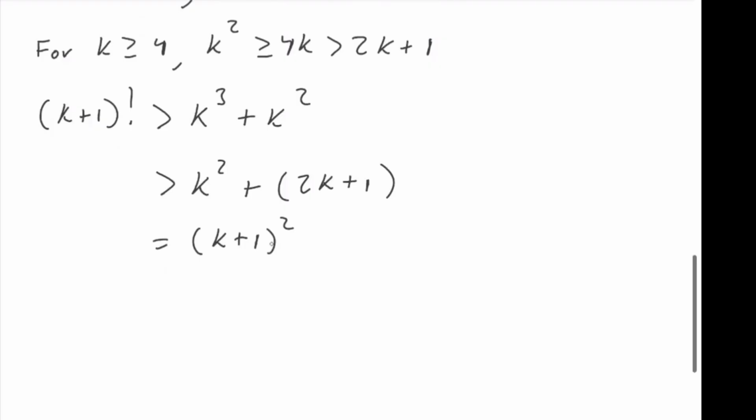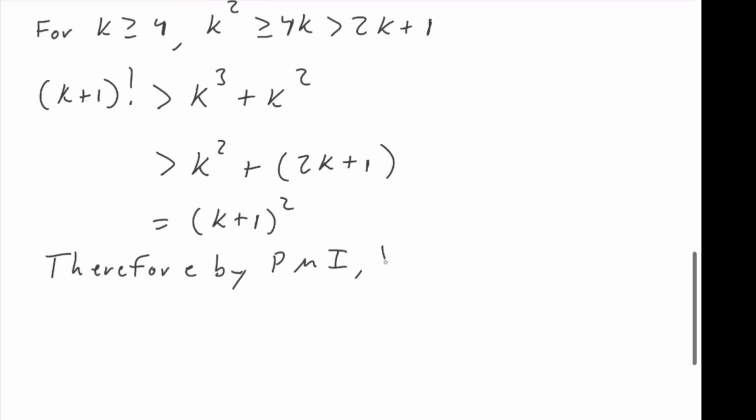And then we were able to prove it. Therefore, by the principle of mathematical induction, for every n bigger than or equal to 4, we know n factorial is bigger than n squared. And that is our proof.